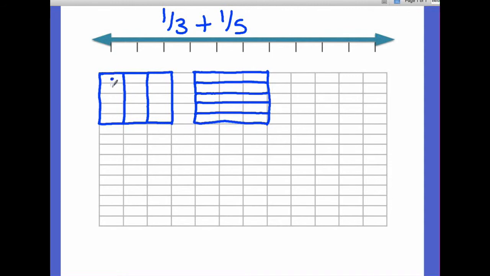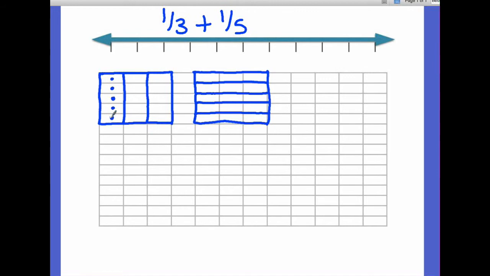1. Remember, we're using dots because once you start coloring, you get a little ambitious, and then you can't see your lines to see how many total boxes you have. Five dots in the second box.